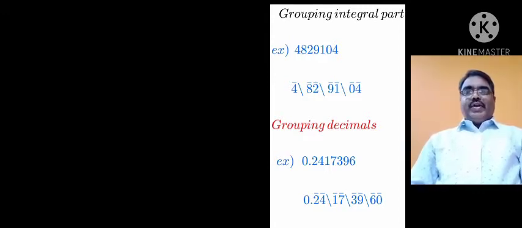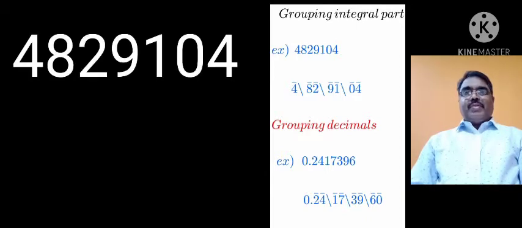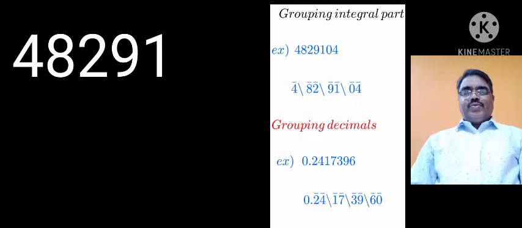In the case of the integral part, we start grouping from the right: 91 as one group, and then 82 as another group. At last 4 is remaining. That means 04 is another group. Making two numbers as one group, starting from the right side: 04, 91, 82.